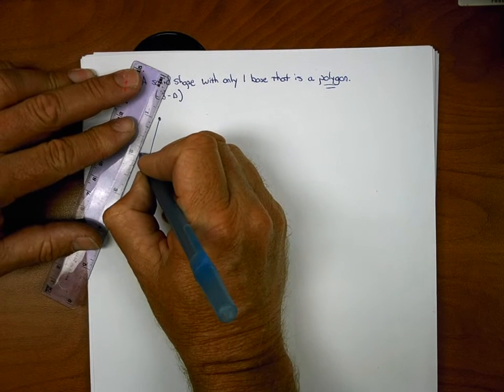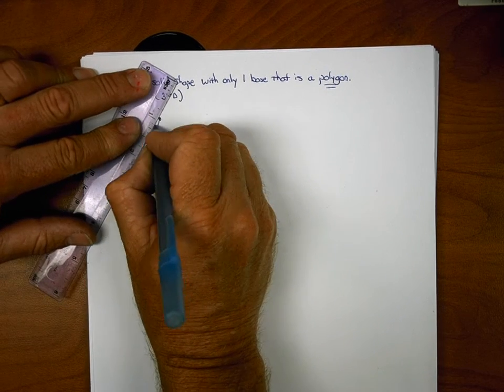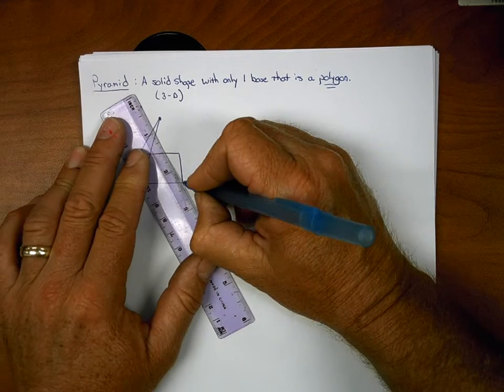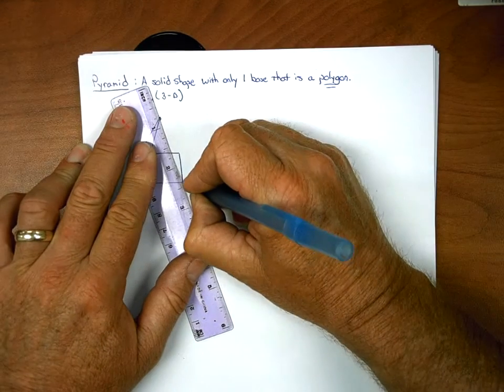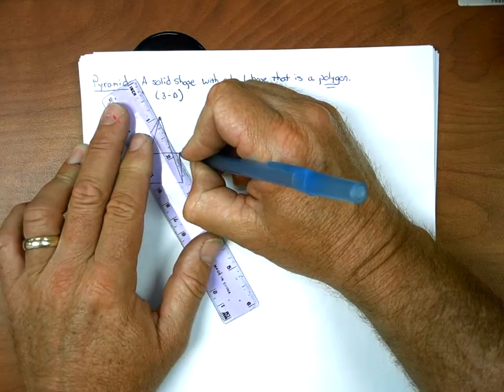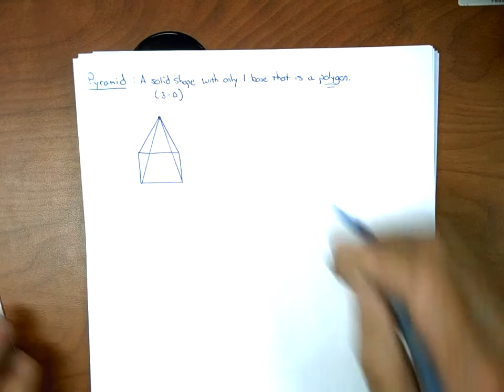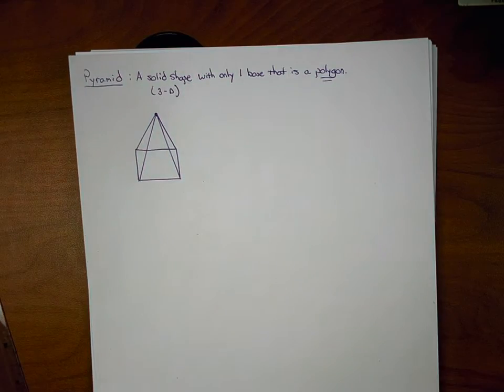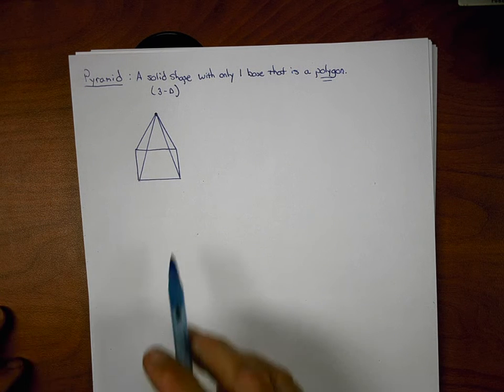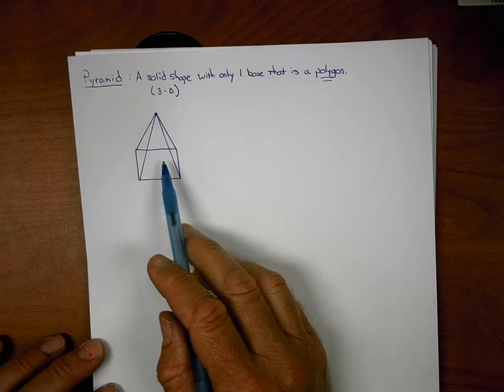I'm going to use a straight edge so that it looks good. When you're done, you will see that you have created a pyramid. All right, this is like those things that you find in Egypt or Mexico, or actually there are pyramids in the United States as well, usually somewhere on the eastern side of the United States. So this would be a pyramid right here.